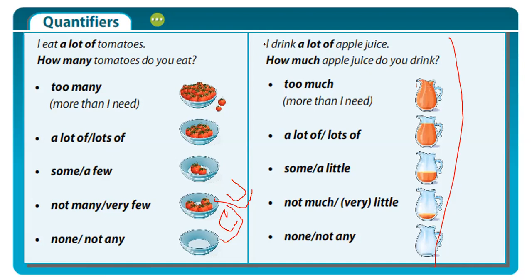Too much, more than I need. A lot of, lots of. Some, a little. Not much, very little. None, not any. Okay. So, in this case, if we have to separate.